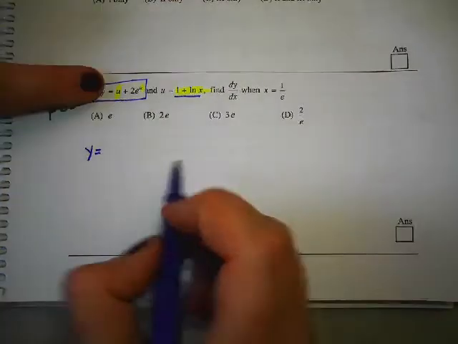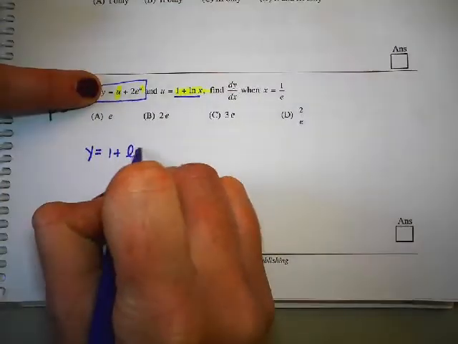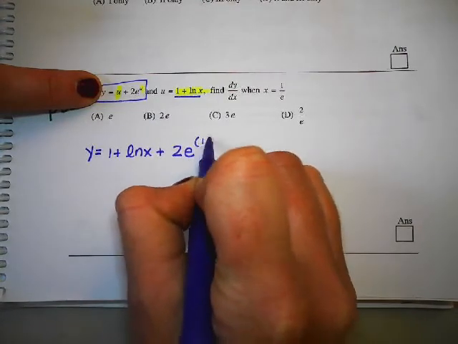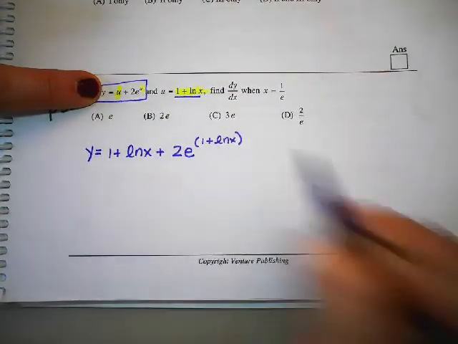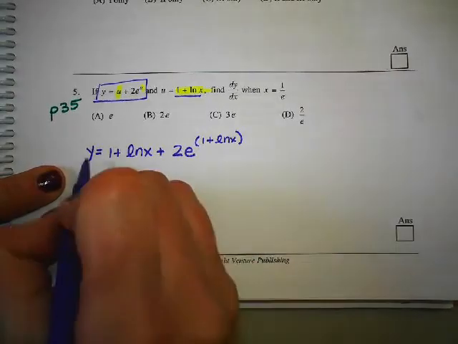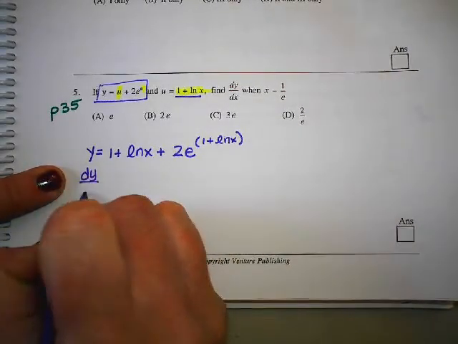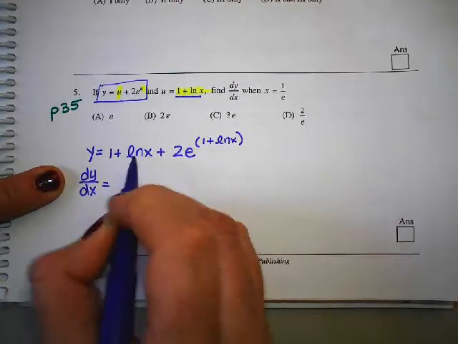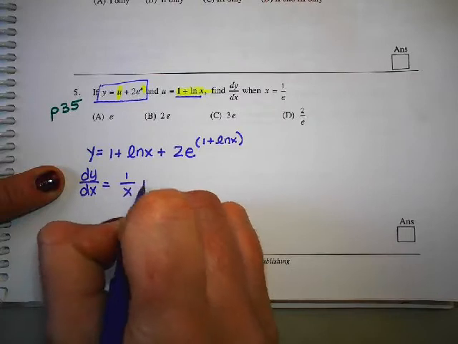So y equals 1 plus the natural log of x plus 2e raised to the 1 plus the natural log of x. That's what y is, and now I'm going to take the derivative. So the derivative of y is y prime, or dy/dx, equals 1 turns to 0. The derivative of natural log x is 1 over x.